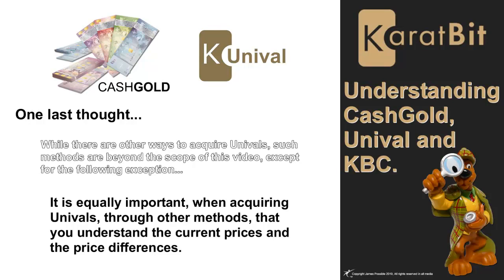So it's equally important when acquiring Univals through other methods. In other words, if you're interested in simply purchasing Univals, and you have your Cashgold, if your Cashgold is considerably more valuable than your Univals, that's probably not your best way to do that. One of the most common ways to do that is through the other cryptocurrencies in the exchange.